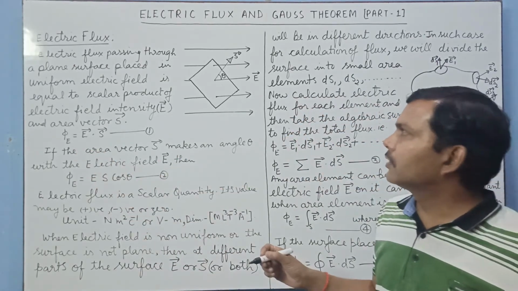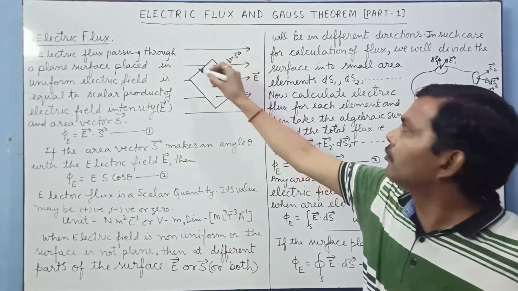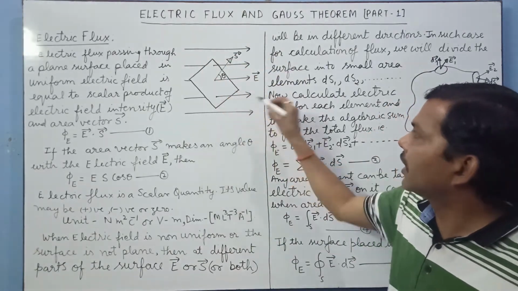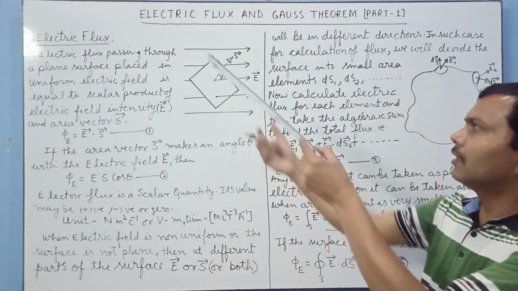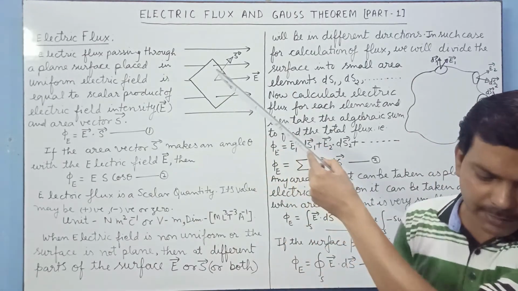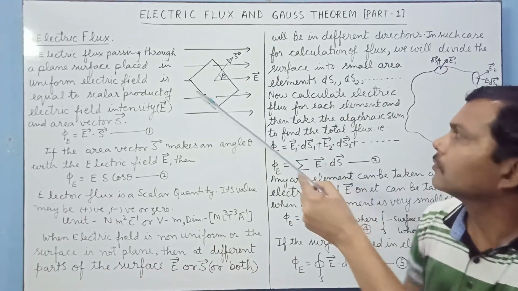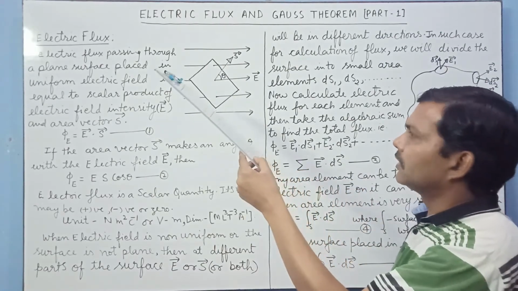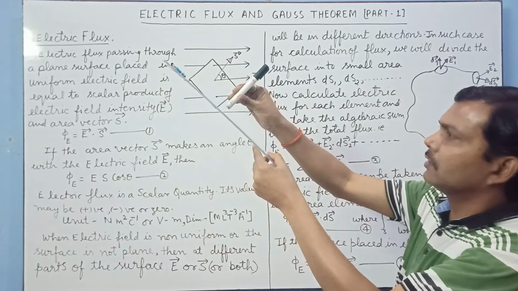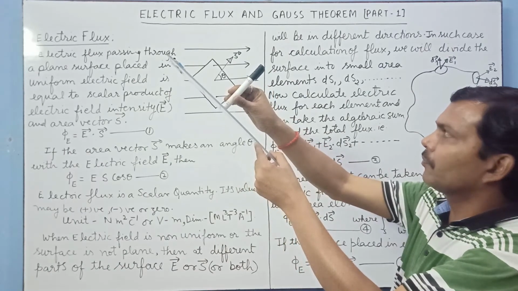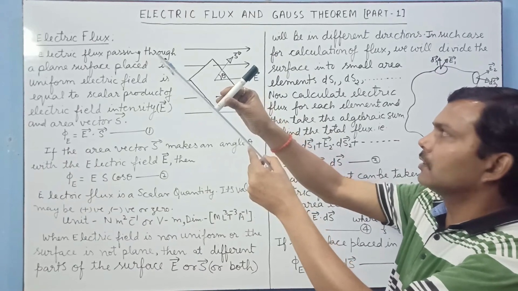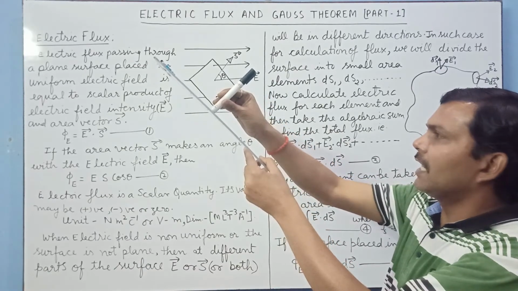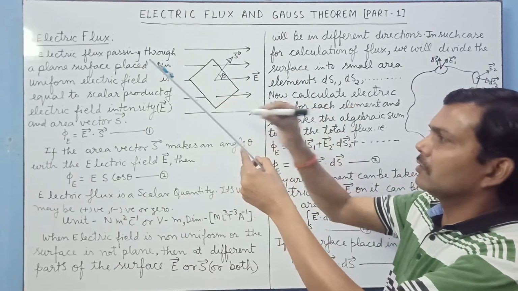Now I have considered here this to be a uniform electric field, capital E, and this surface area is kept like this inside the electric field. So the area vector of this area will be like this. This is S, the area vector of this area, and the electric field is in this direction.